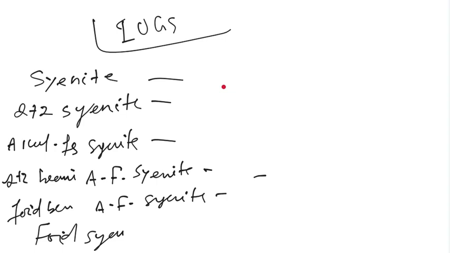Okay. So now this syenite, what happens? Syenite is a highly felsic rock. So how will it be originated? You already know about rocks, how fractionation is going on, how differentiation is going on, how partial melting occurs.